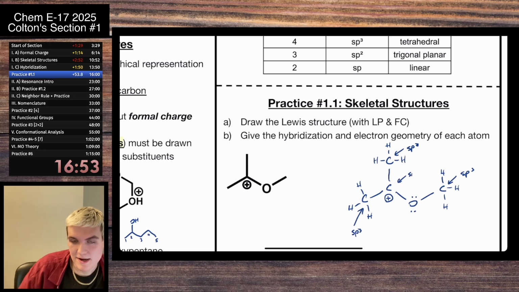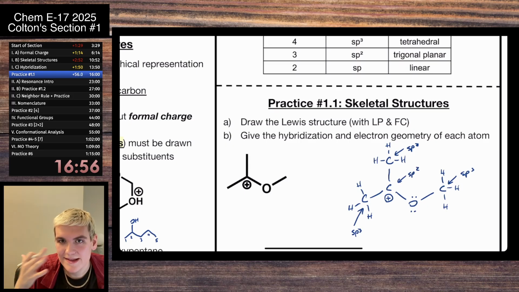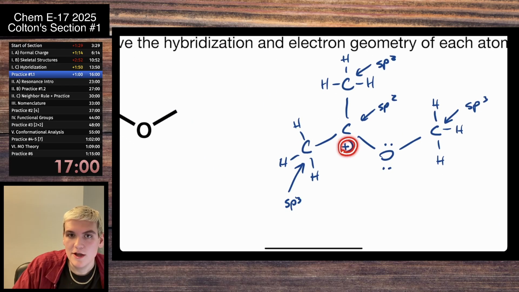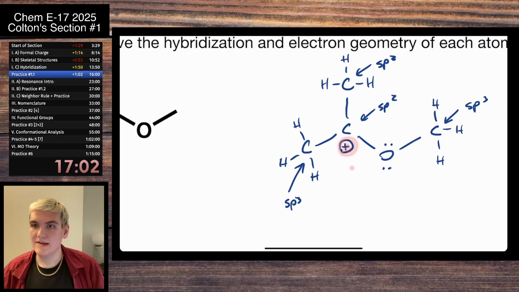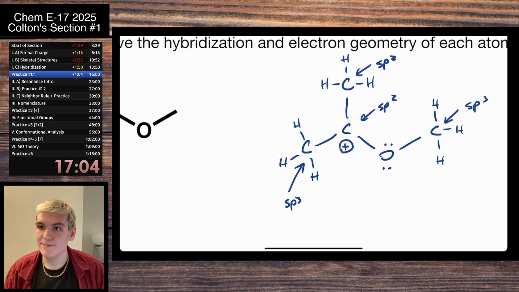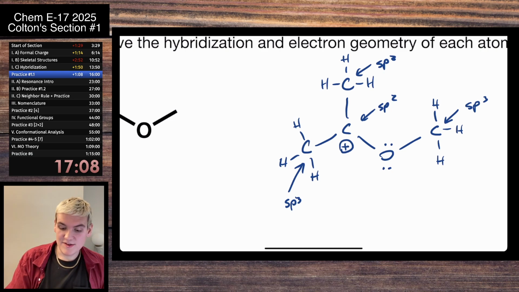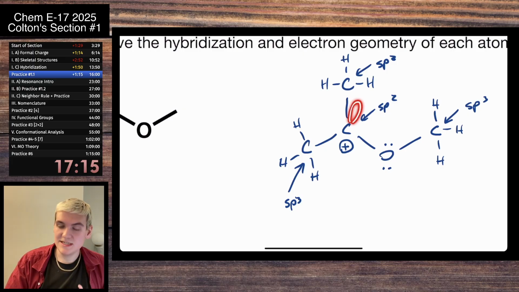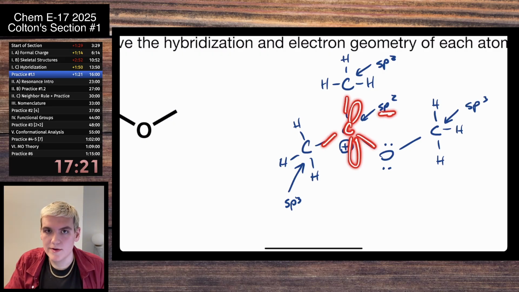And one thing that's kind of helpful to think about is when we have a positive charge, we literally have a lack of electrons, and electrons go in orbitals, right? So when we have a positive charge on this carbon and we don't have a full octet, we actually are going to have an empty orbital. So there's just an empty p orbital on this carbon, and then all 3 of these bonds use the 3 sp2 orbitals.